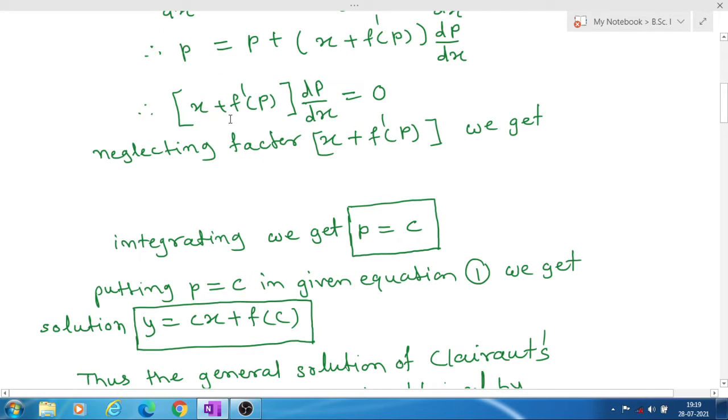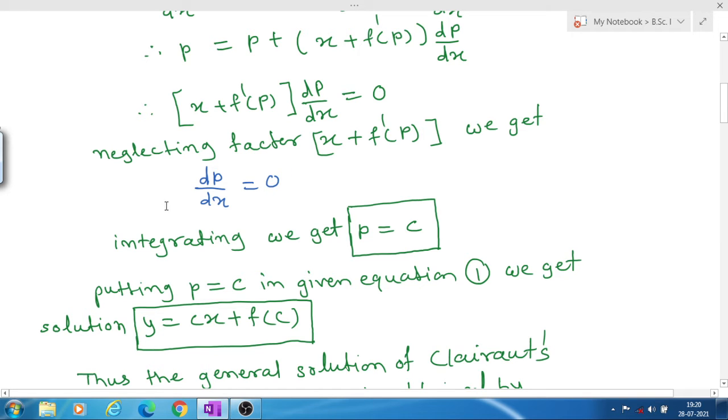Now here is a product of two terms and we need not take this term x plus f dash p which does not contain dp by dx, so we neglect this term x plus f dash p and we get dp by dx is equal to 0.